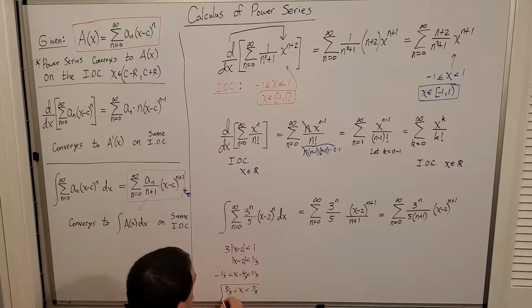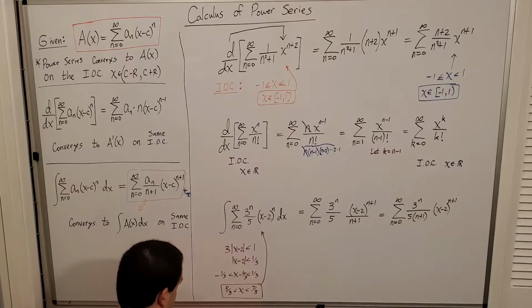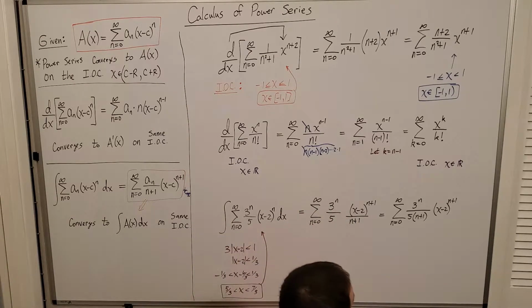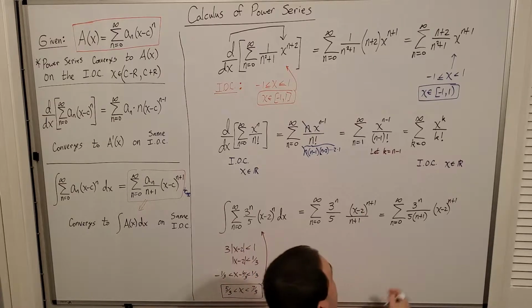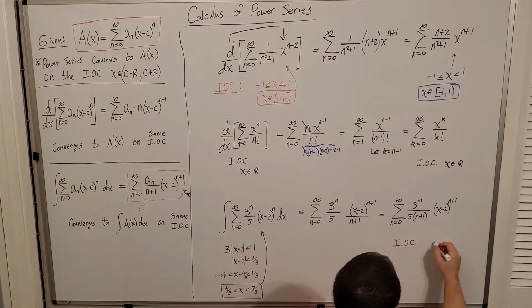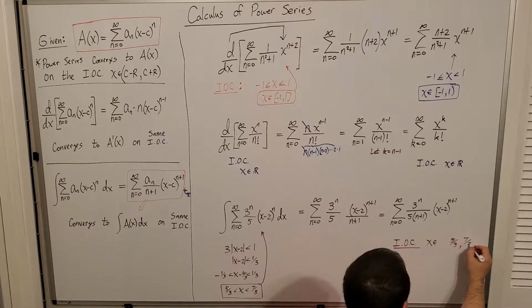This is my interval of convergence for the original series here. But what happens over here? The interval itself is going to be the same. The interval of convergence here is still going to be where x is a member of 5/3 to 7/3.